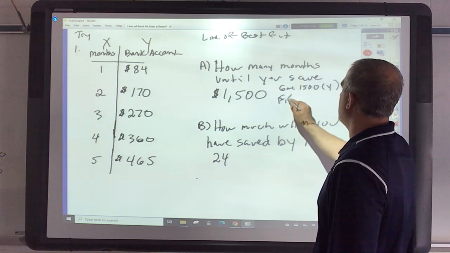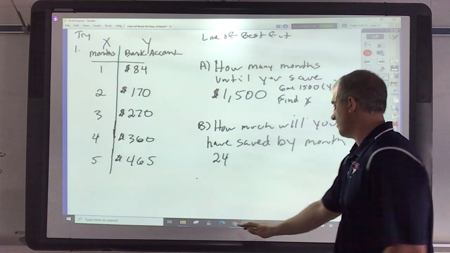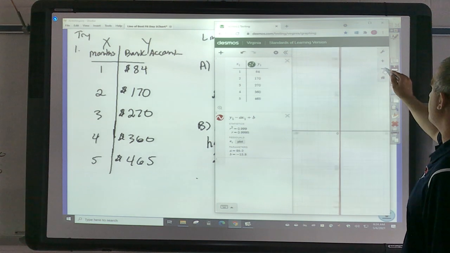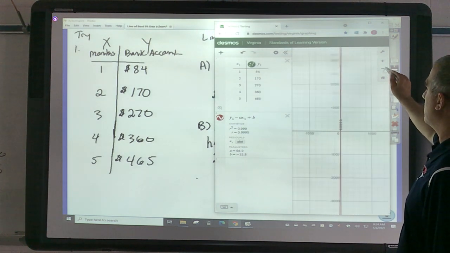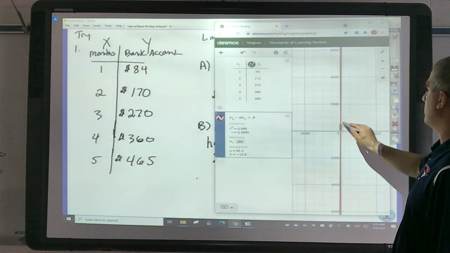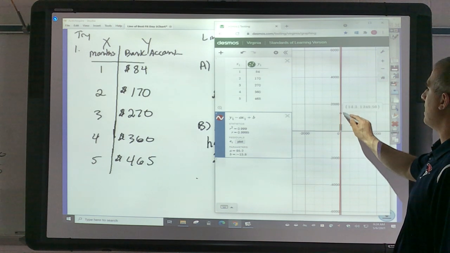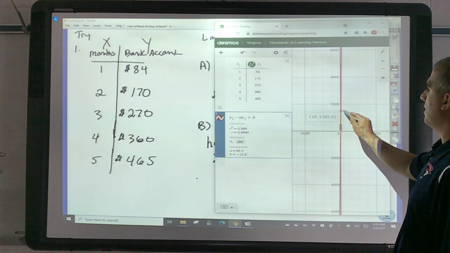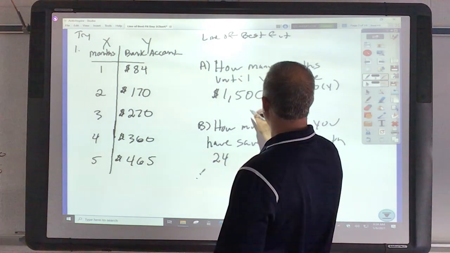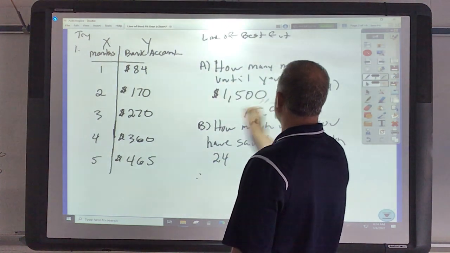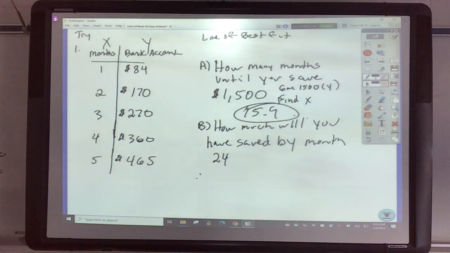So I have to find the x for 1,500. I scroll here until I find x is 1,500. It's pretty close, so about 15.9, okay? 15.9 will be the amount of months, between 15 and 16 months.